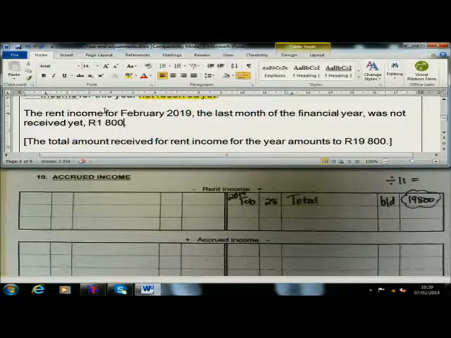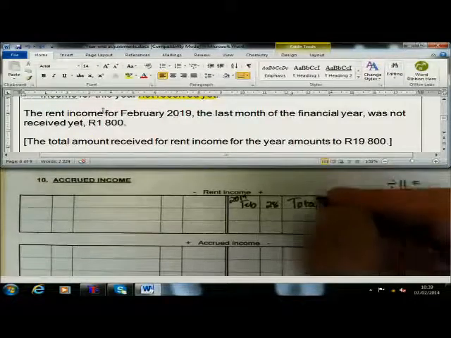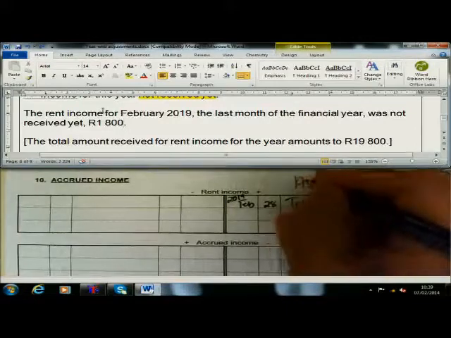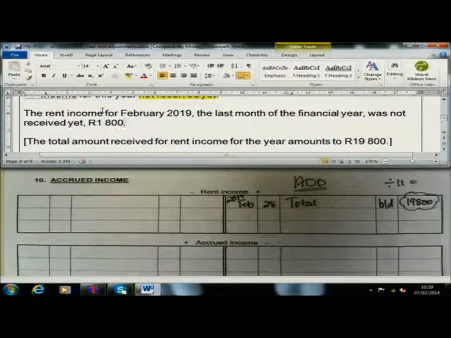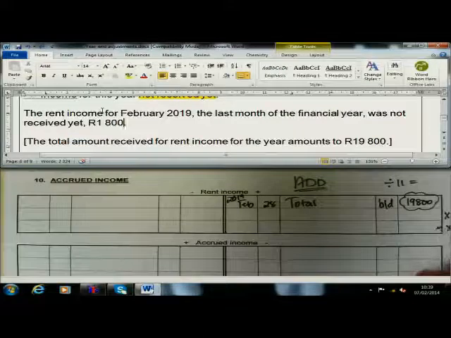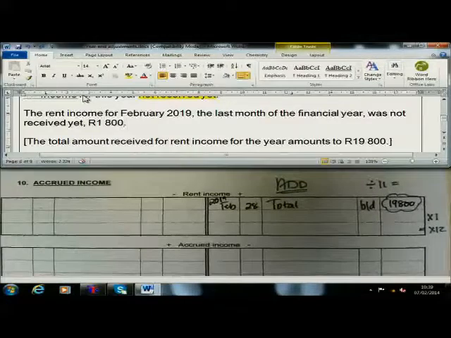The question is, are you going to add or subtract? Of course we are going to add. Why are we going to add? Because this is 11 months. We need another month so that the total can be 12 months. We must add another month so that we can have 12 months.